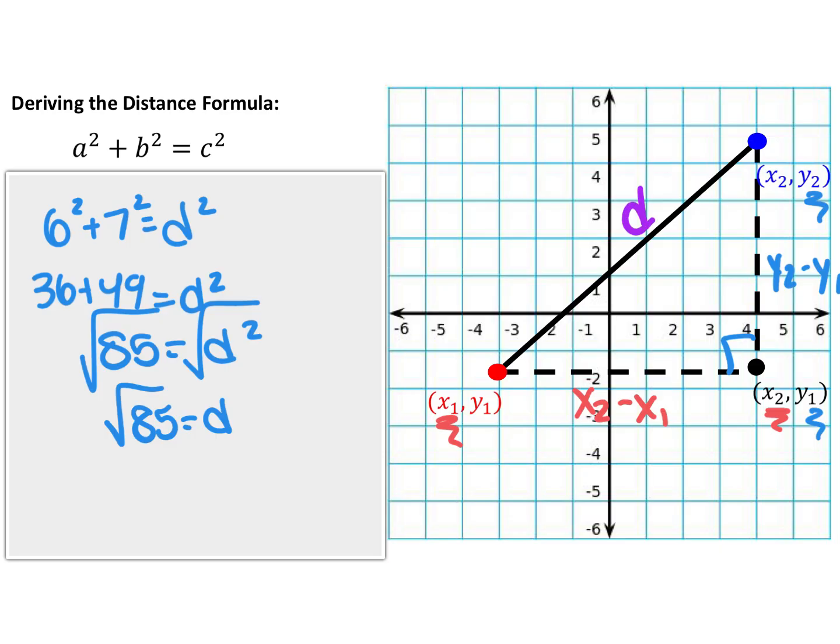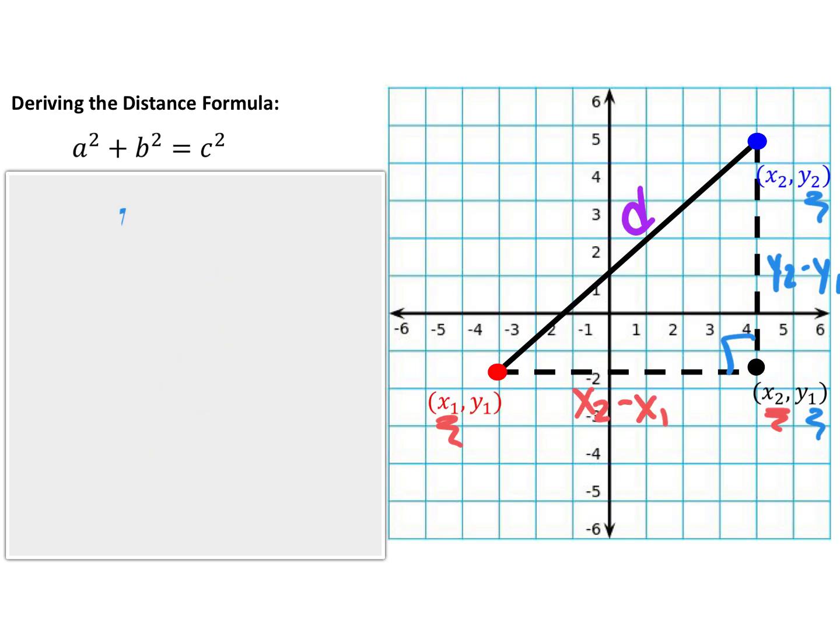So now if I use my Pythagorean theorem, I have one side is x2 minus x1 squared, and then it's plus my other side is y2 minus y1 squared, and it all equals the other side, so I can say it's d squared.